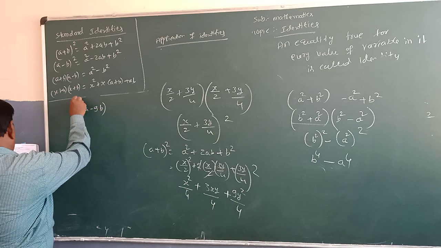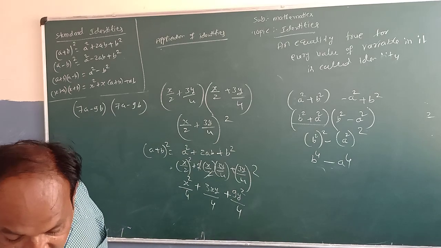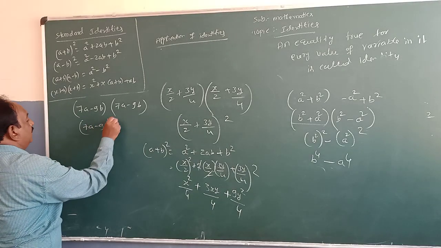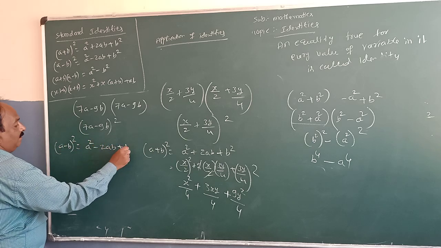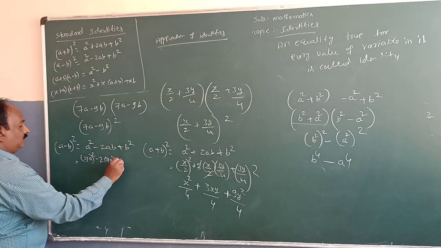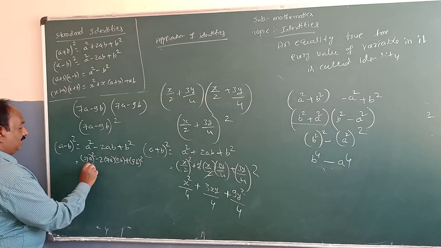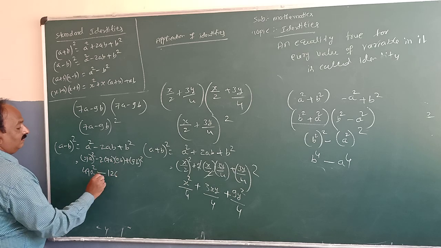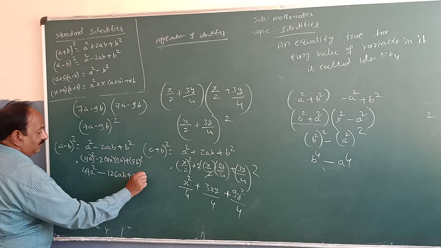(7a − 9b)(7a − 9b). This is the product, (7a − 9b)². The expansion of (a − b)² is a² − 2ab + b². (7a)² − 2 into 7a into 9b + (9b)². 7 7s are 49a²; 7 2s are 14, 14 9s are 126ab; 9 9s are 81b².